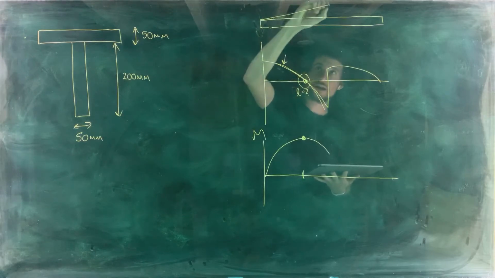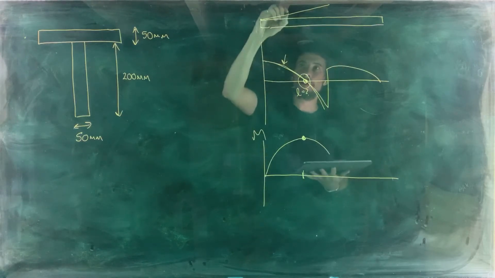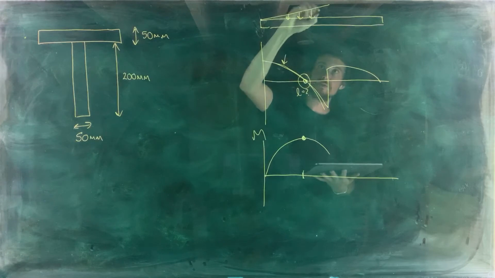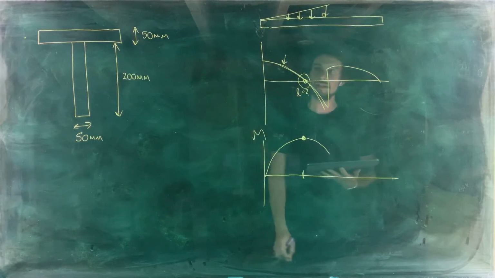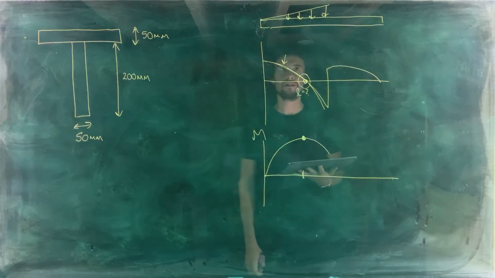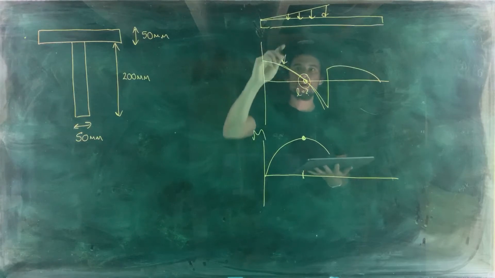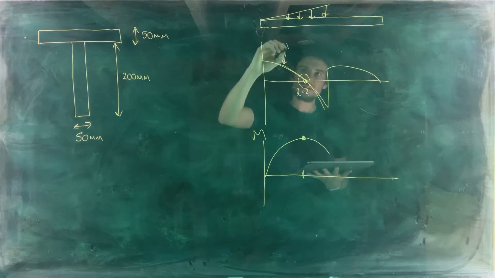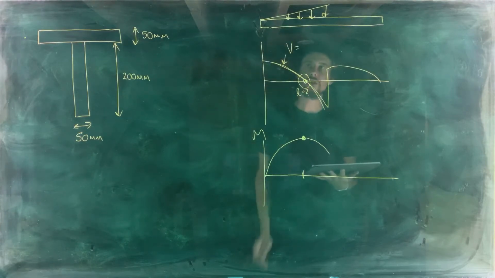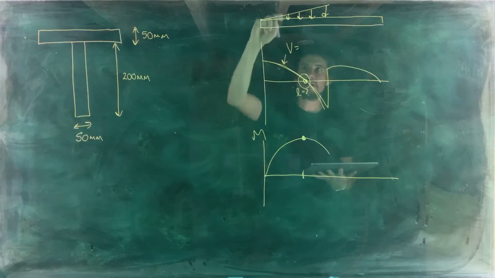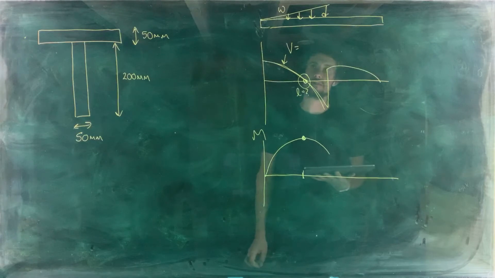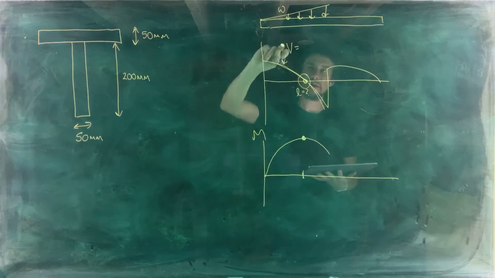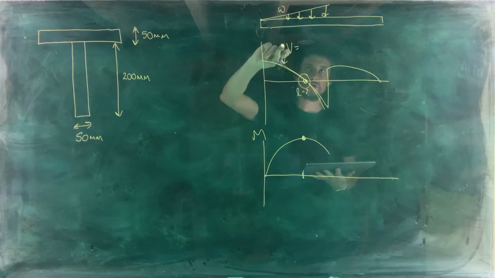So this is going to be coming from a load distribution that looks something like this in this particular case. The best way to find the equation of this line is to write the equation that describes the distributed load and then integrate that equation to get your equation for shear.